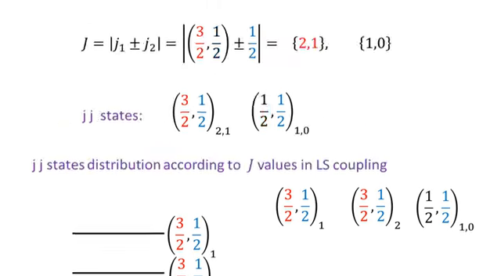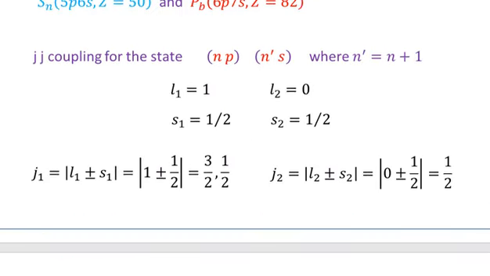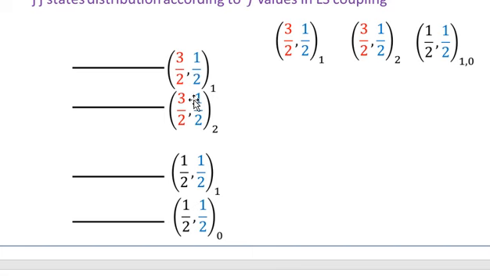In the spectra of these atoms: the carbon atom, the silicon atom, the germanium atom, the tin atom, the lead atom. So if you find out the coupling, LS coupling or the JJ coupling, you will always get the four terms like this. And this is what I have shown, their couplings in terms of JJ couplings, assuming that I am talking about heavy atoms.